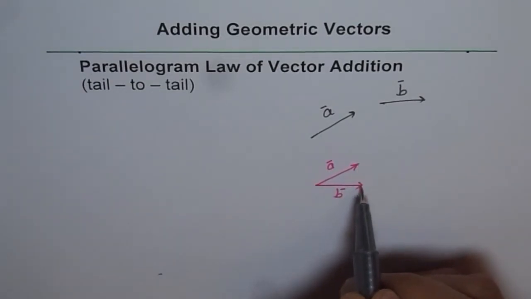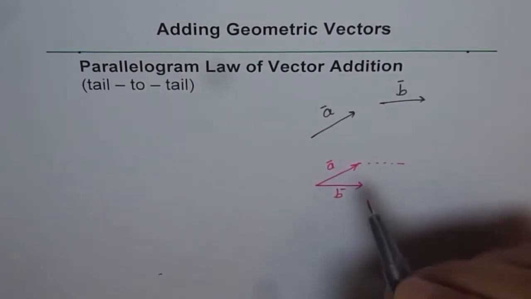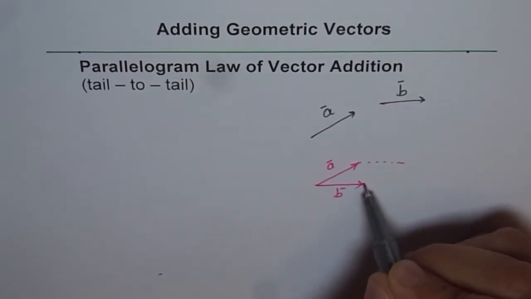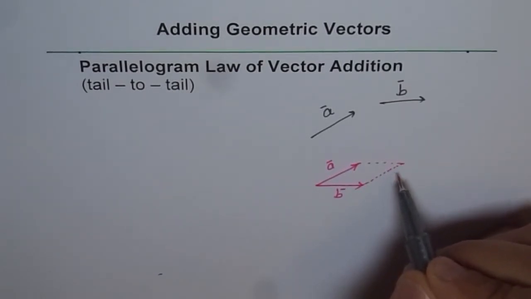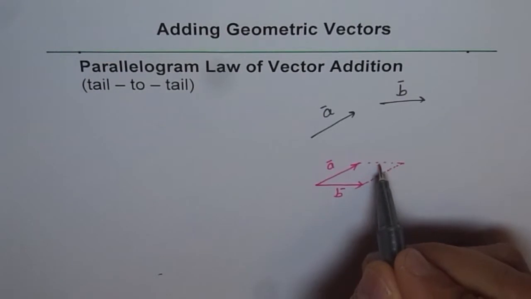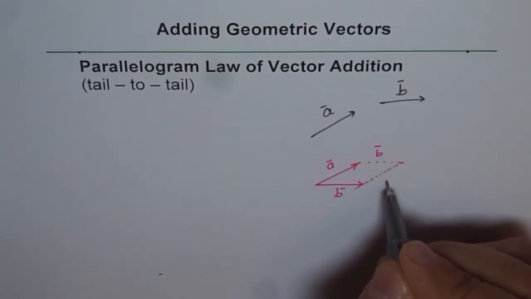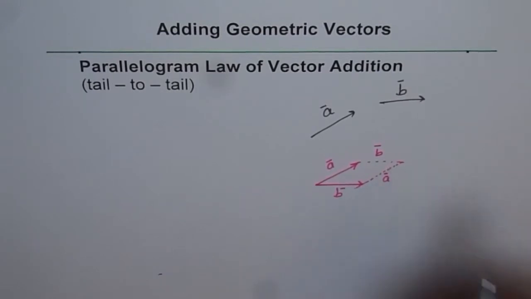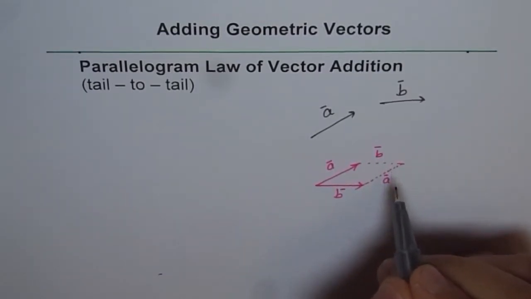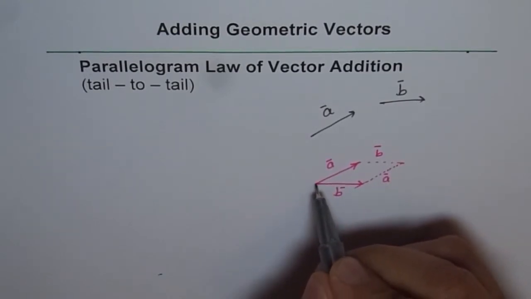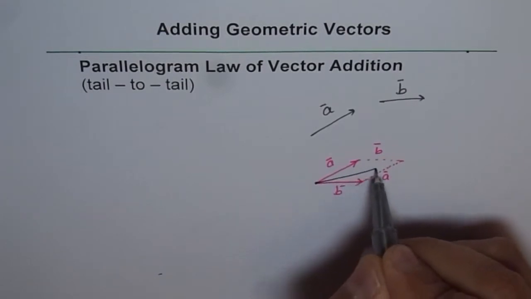That is, we'll draw a line parallel to this from here, which is B, so A plus B, right? And a line from here, which will give us B plus A, right? So that becomes a parallelogram. These two sides are parallel. So this is also vector B, and this is vector A. Now, A plus B is the diagonal from tail to tail to the other end of the corner, that one.